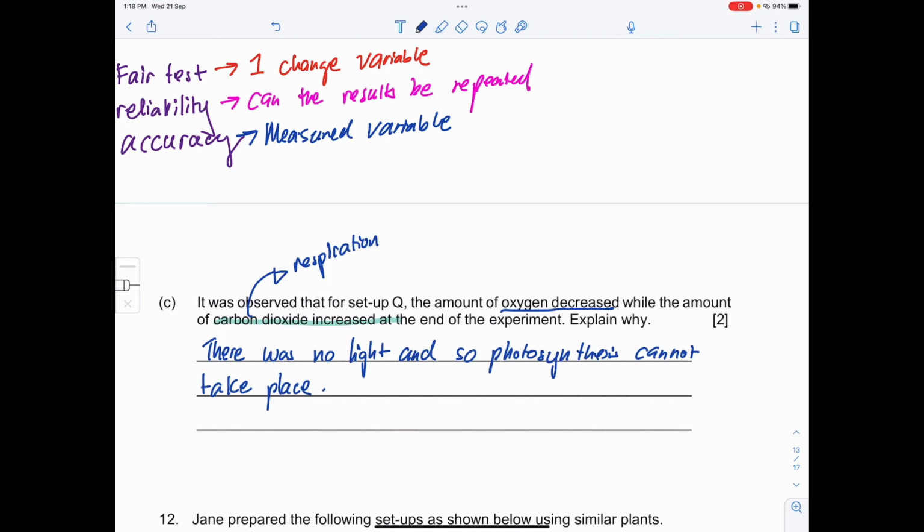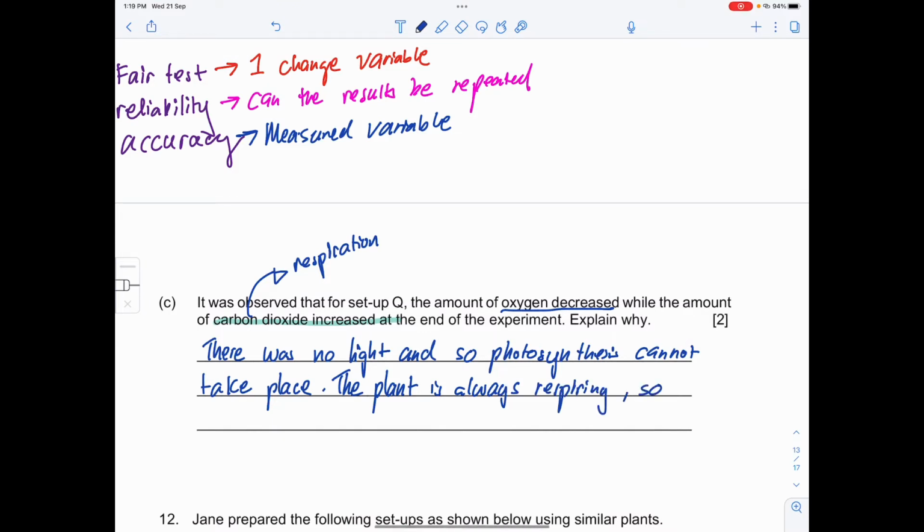Alright, so when it cannot take place, what does the plant do? The plant can only respire. Now, you need to be very careful. The word still needs to be there because the plant is always respiring. Okay? The plant continues or is always respiring.